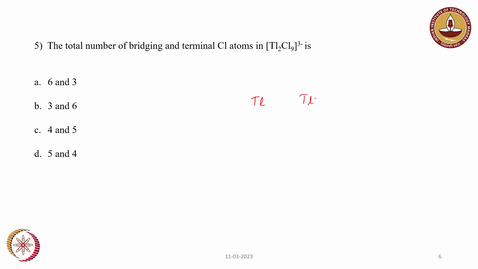Tl and 3 chlorine will be bridging, and 3 will be terminal on each.